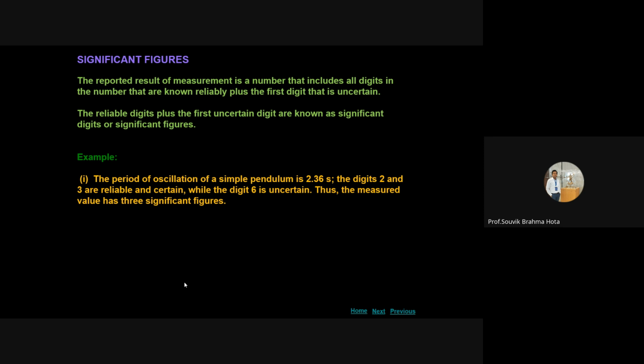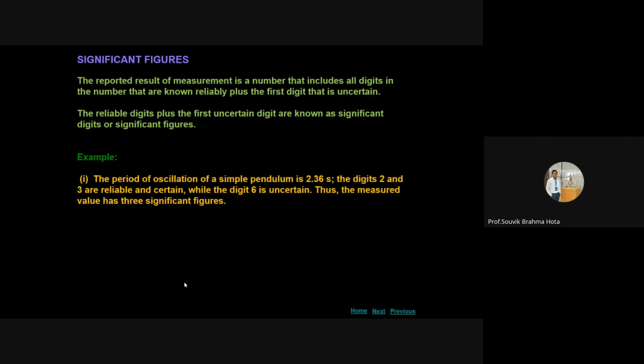The period of oscillation of a simple pendulum is 2.36 second. The digits 2 and 3 are reliable and certain, while digit 6 is uncertain. Thus, the measured value has three significant figures. So a combination of the certain and uncertain digits should be there.